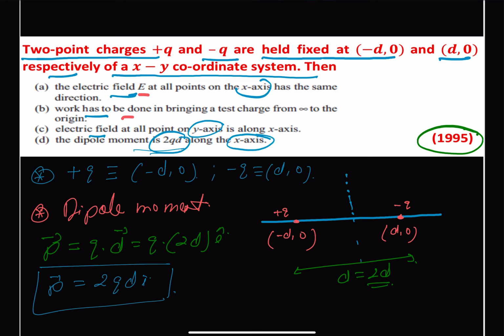Okay. And we already know that the dipole moment is from the negative charge to the positive charge, so it has to be along the negative x-axis. Okay, so we have to remember that thing.